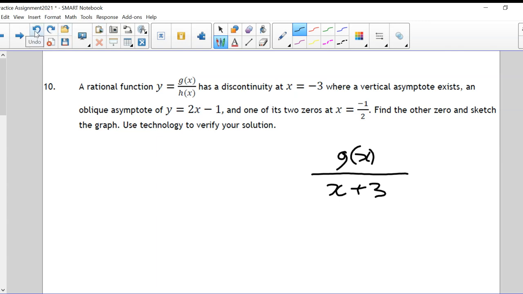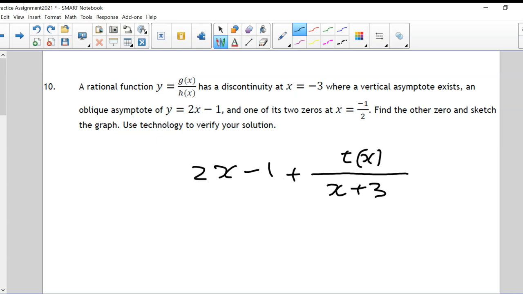Let's take away that g of x and maybe call it t of x for now. And then I'm going to put in front of that 2x minus 1, plus this t of x over x plus 3.